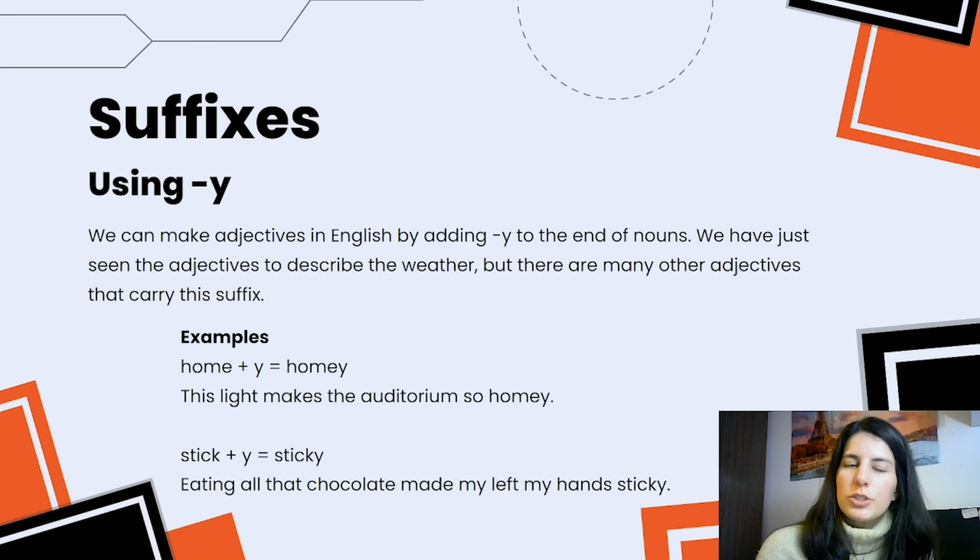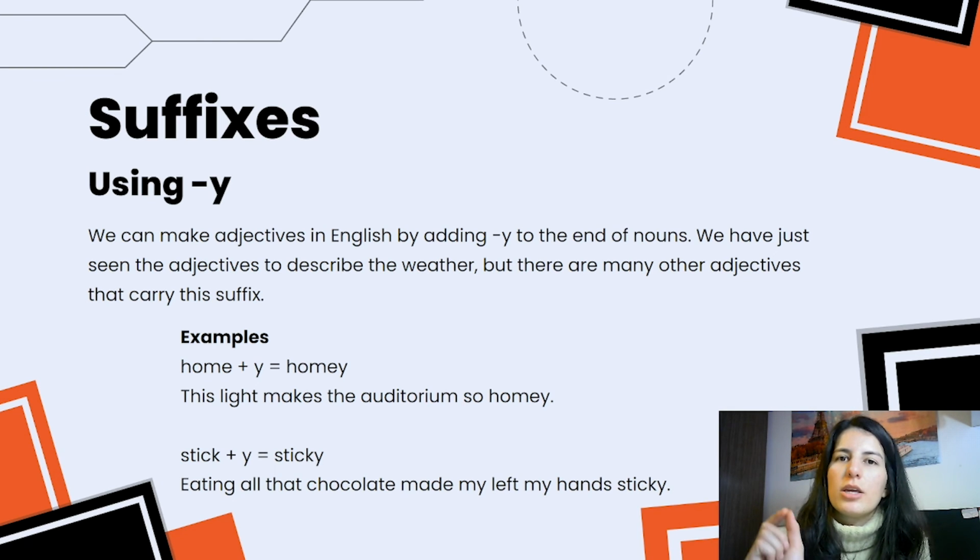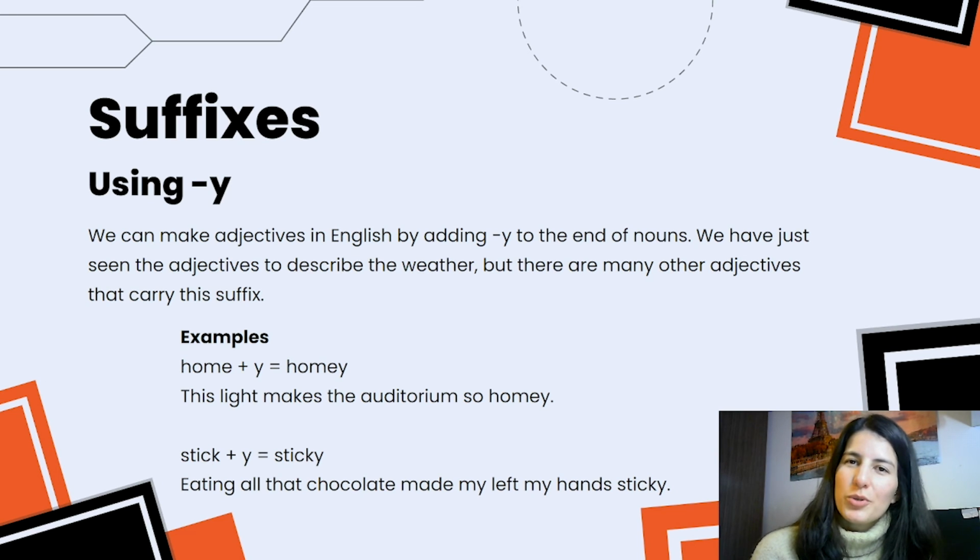You can do the thing where you say YouTube, do a little dash, and add y at the end, and you will have the new word YouTube-y. Oh, this video is very YouTube-y. It feels like a YouTube video. You just transformed YouTube into an adjective by adding the suffix y.